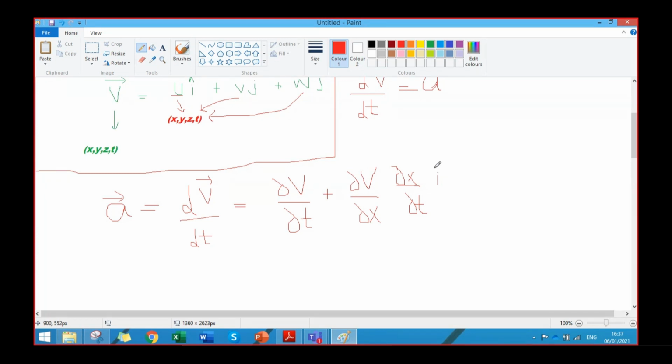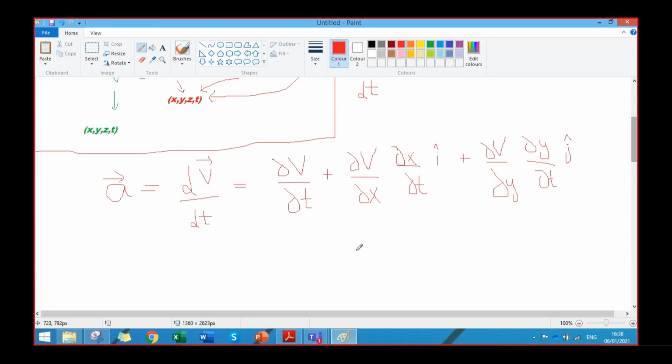Then you will take the derivative of the velocity field with respect to y, and since y is also dependent on time, you will take its derivative with respect to time. This is your j component. And similarly, the derivative of the velocity field with respect to z, and then the derivative of z with respect to time.